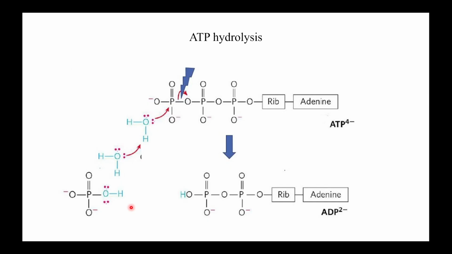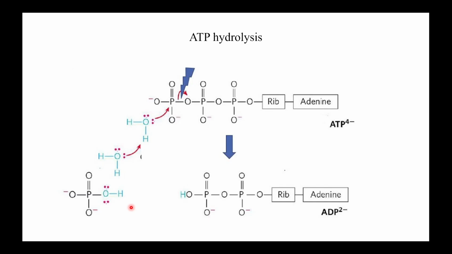Hydrolysis reaction basically means the involvement of a water molecule, and the water molecule will facilitate the breaking of the bond, and the water molecule will itself get attached to both the constituent compounds that are forming after breaking. So if a molecule is breaking, that means two new molecules are forming.